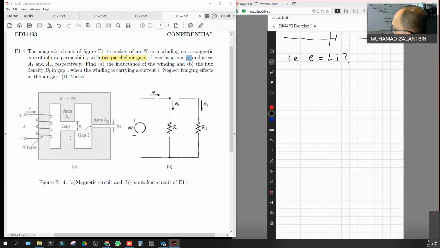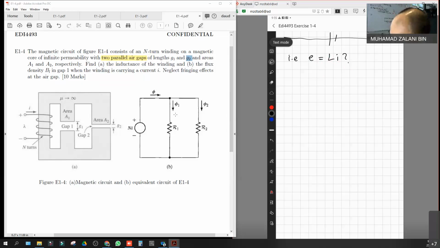Kan? Bila semuanya constant, when everything is constant, we can say that the induced voltage inside this winding will be equal to Li, L times the current supplied to this winding.